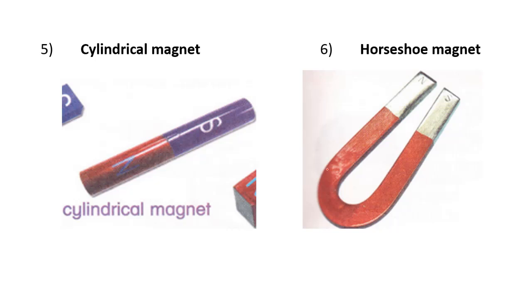And the other kind of magnet is the cylindrical magnet. Cylindrical is from the word cylinder. A cylinder is round in shape, but it is very long.